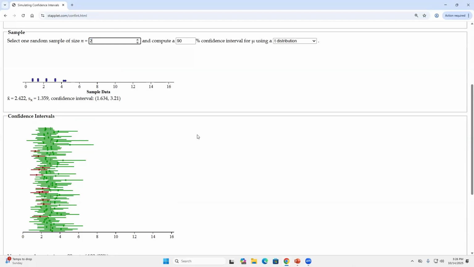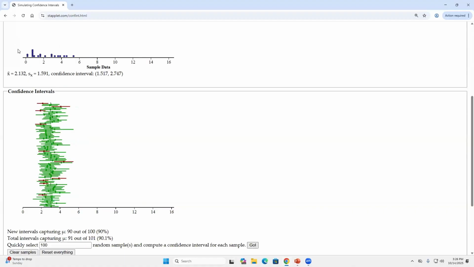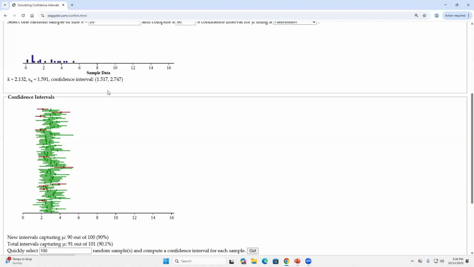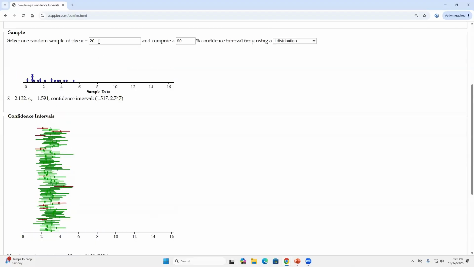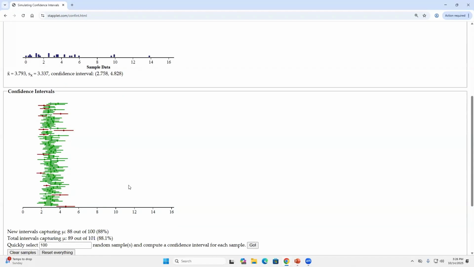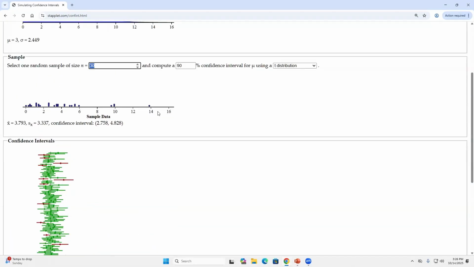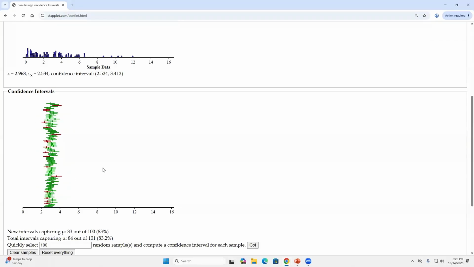Let's increase it to 20 and we'll do 100 samples. You can see that with a sample size of 20, it is much, much tighter. If we go back to a sample size of 30, much, much tighter. And if we get a sample size of 90, much, much tighter.